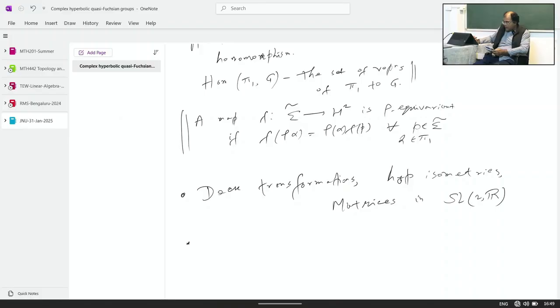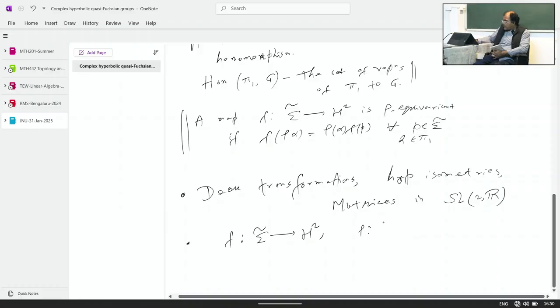And then you have a correspondence between equivariant maps and action by representations of the fundamental group into G. Okay, and then how is this correspondence built? Let me just briefly tell you.